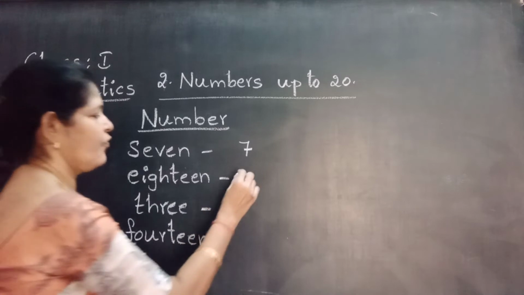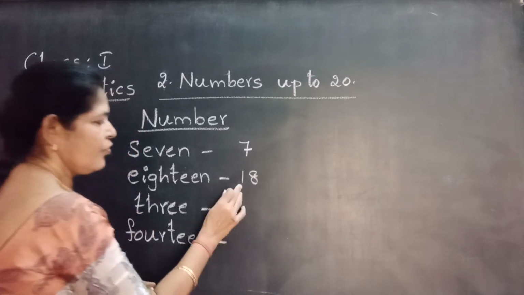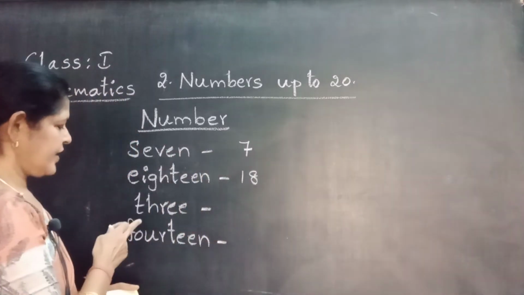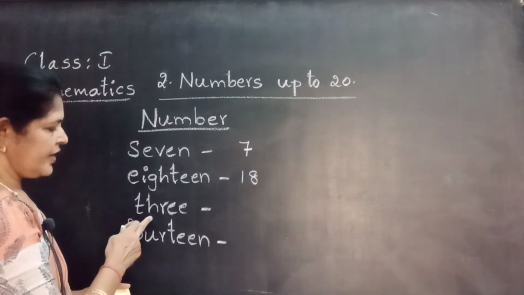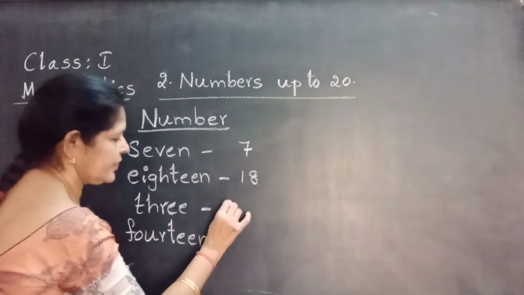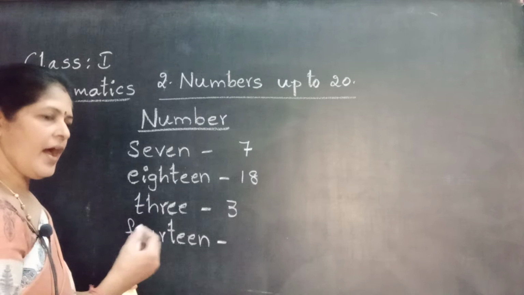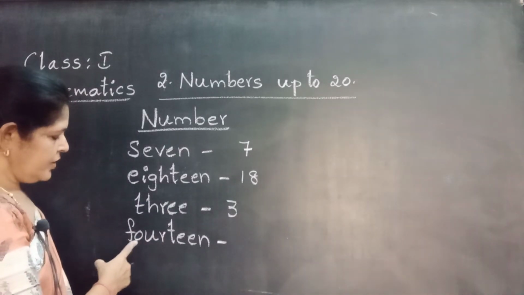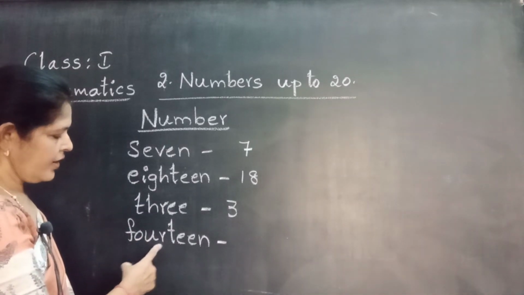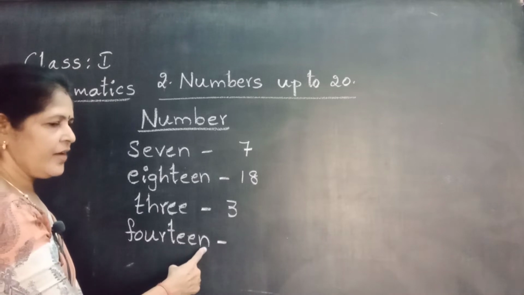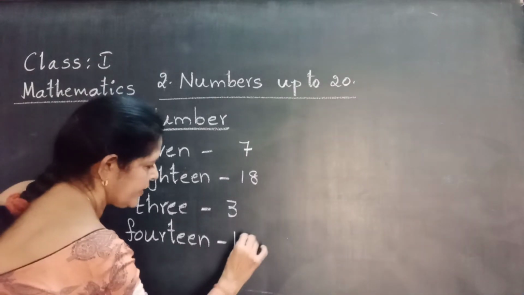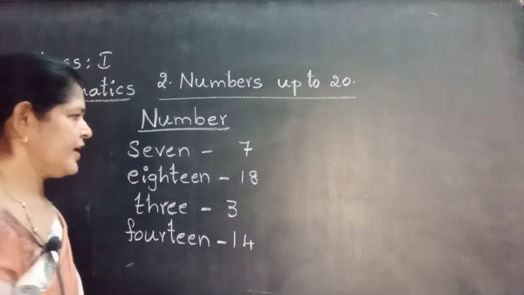1 ten, 8 ones. 18. Next, 3. T-H-R-E-E. 3. Number or numeral. Next word, F-O-U-R-T-E-E-N. 14. 1 ten, 4 ones. 14.